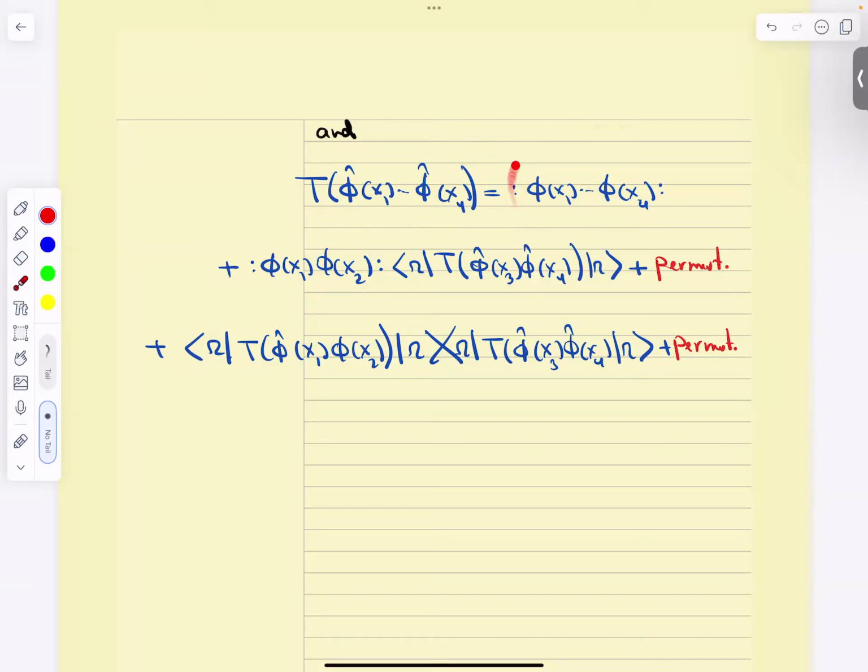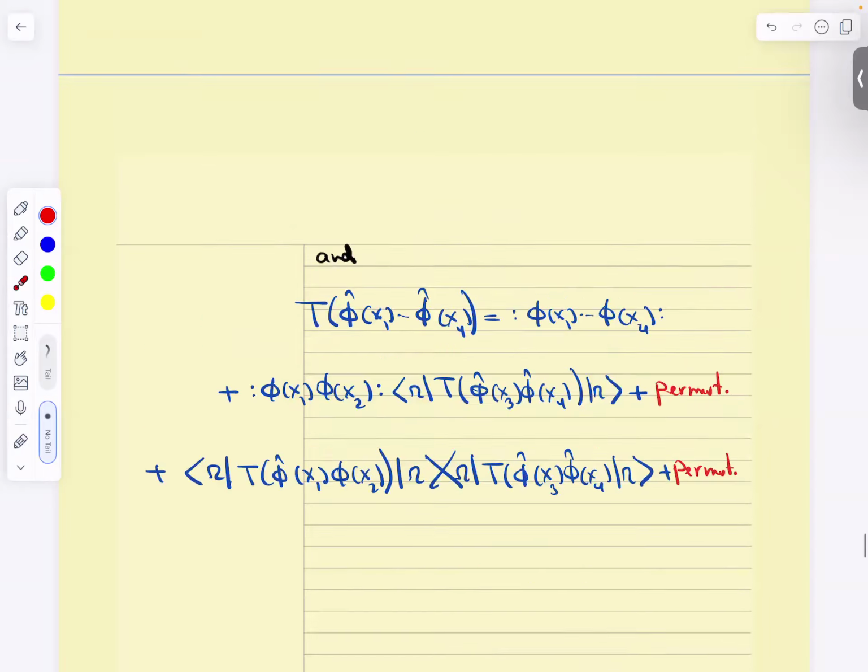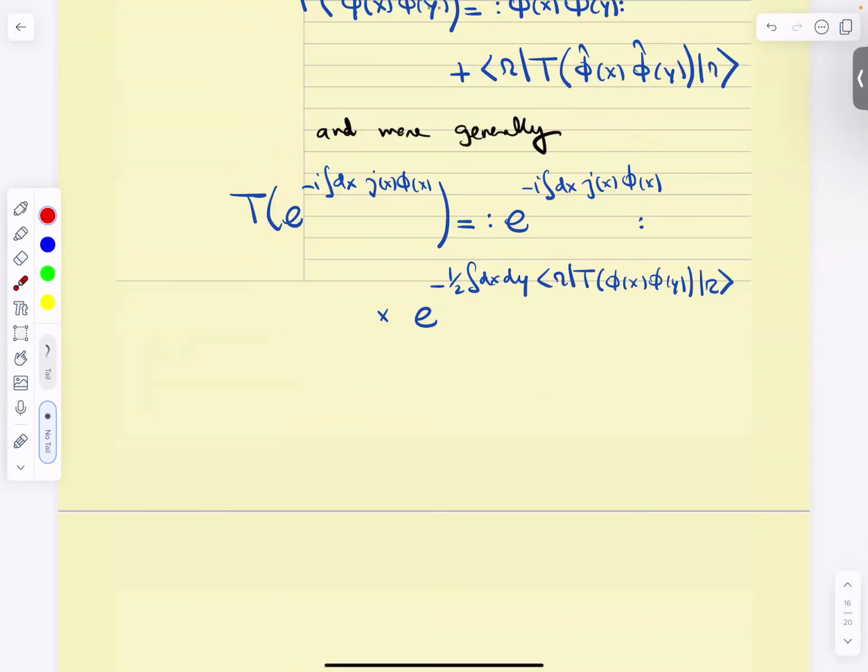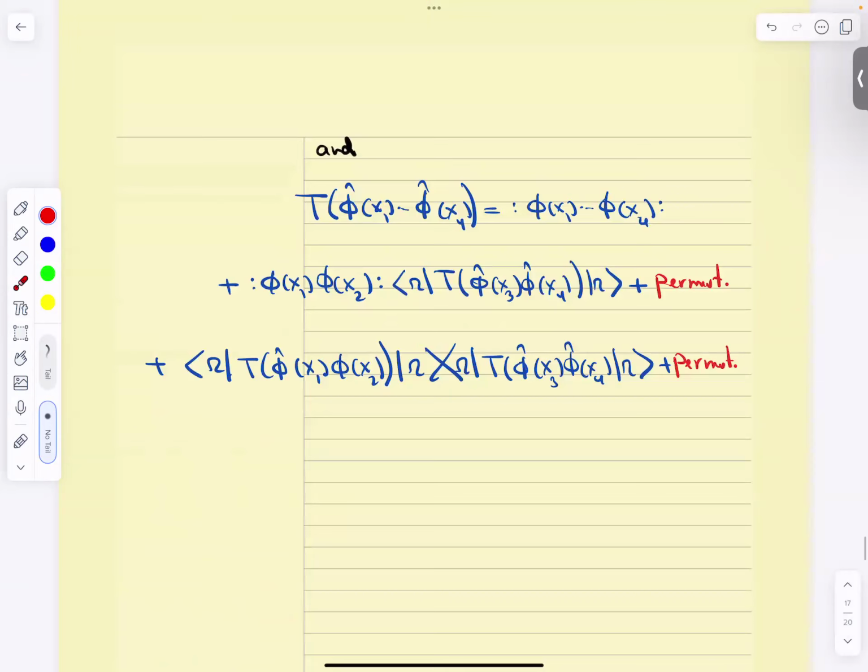This is the normal ordered 4-point function plus the normal ordered, these two with the 2-point function, plus all the permutations, plus these expectation values. You could prove this relation starting from this. You see the rest of how it works, right? So Wick's theorem constructs a very, very nice relation between normal ordered operators and time ordered ones, right?